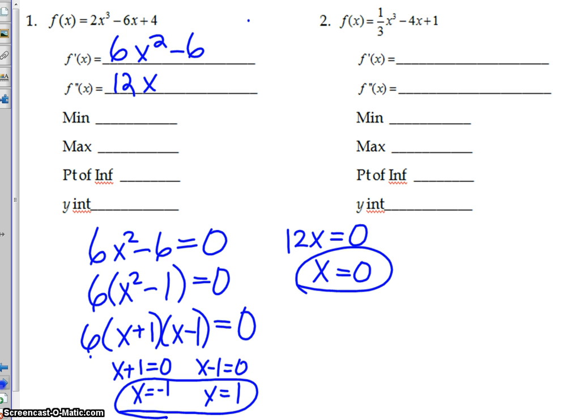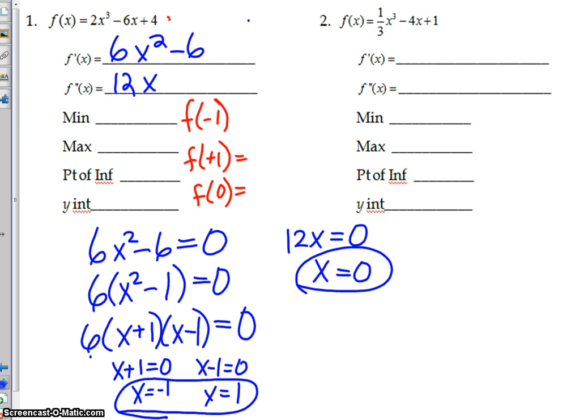So now we have 3 values for x, and we're going to take those values for x and find out what they would be in my original equation. So in other words, here, instead of f of x, I want to know f of negative 1. I want to know what's f of positive 1 and what is f of 0.